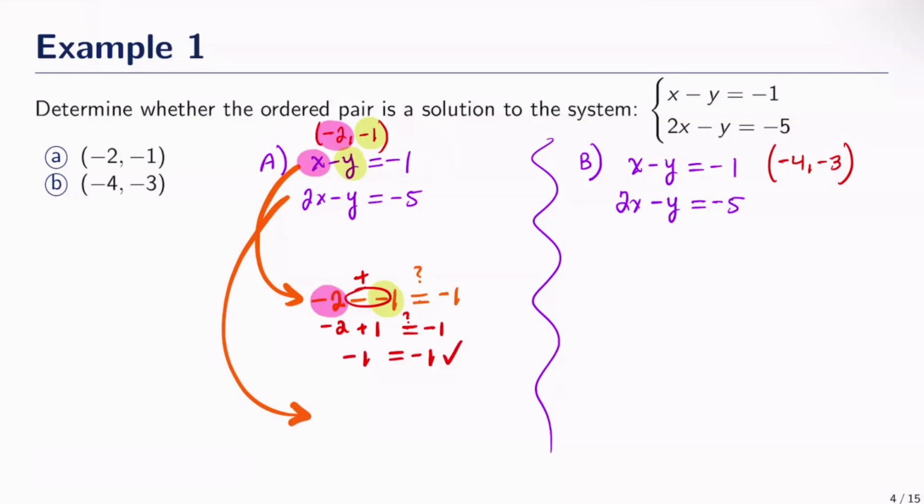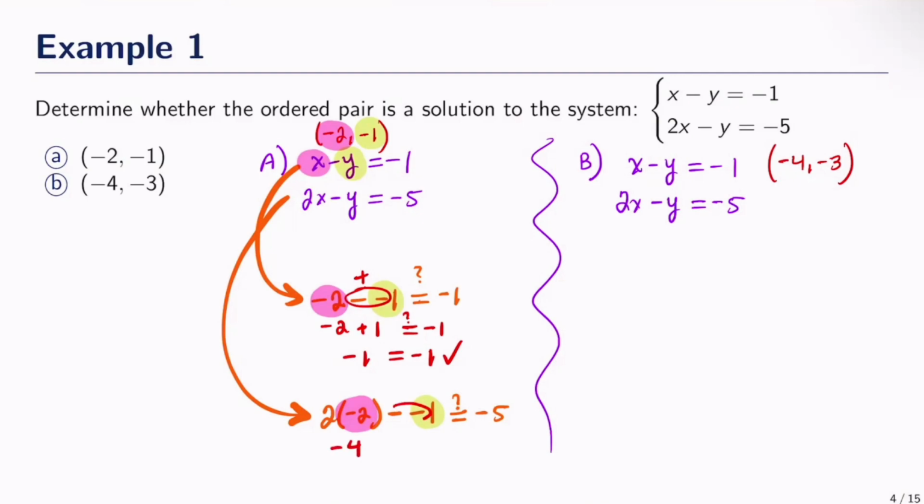So now, once again, wherever you see an x, we're going to replace that with our value of -2. And wherever you see a y, we're going to replace that with the value of -1. Is this indeed equal to -5? I'll color code once again so that you guys can clearly see it. Now we're just going to simplify. We have 2 times -2 is -4.